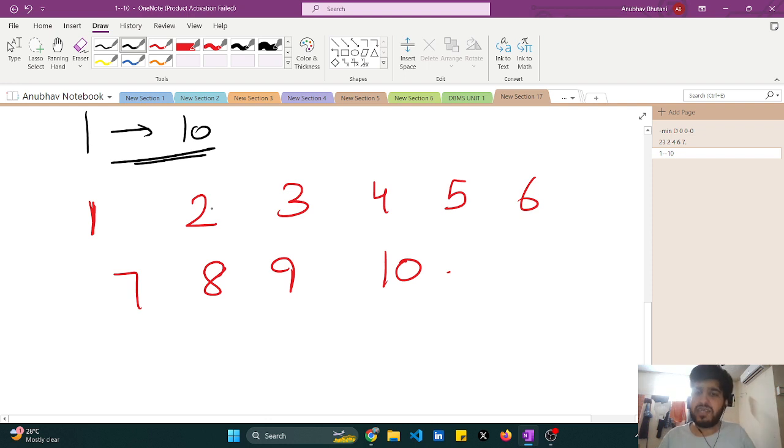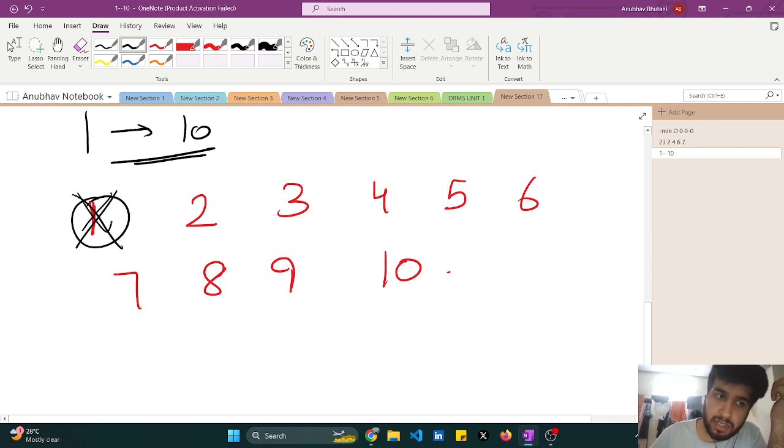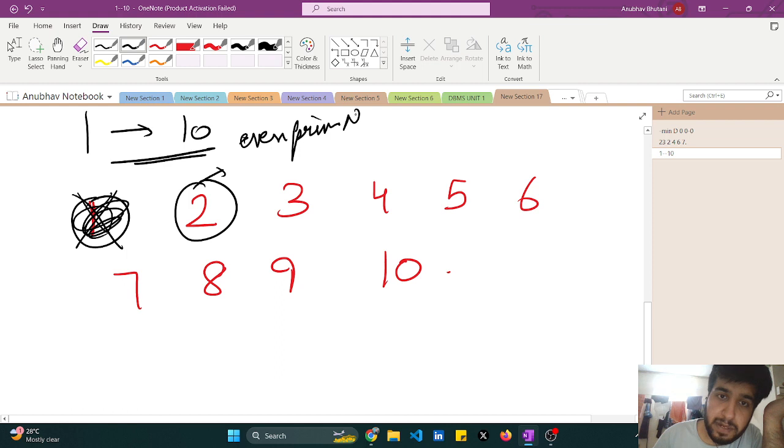Basically, 1 is excluded in this case because 1 is obviously not a prime number, so we don't need to check for that, right? And 2 is the first prime number. 2 is the only even prime number.